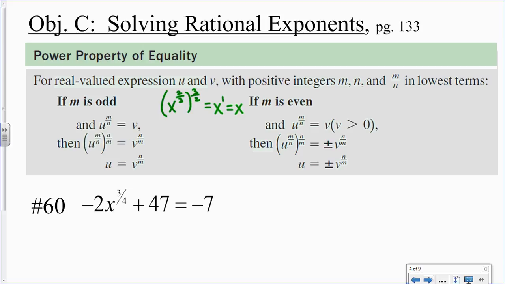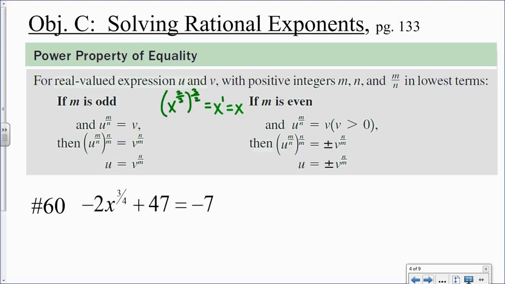Because when you do a square root, it can be positive or negative, or a fourth root or a sixth root. So if your denominator of the reciprocal is even, then you have to put plus or minus. And we'll look at a couple examples. So it's not what it starts out as, but the reciprocal.